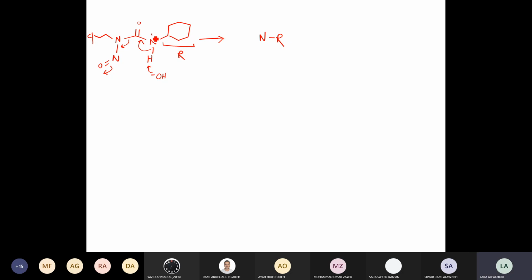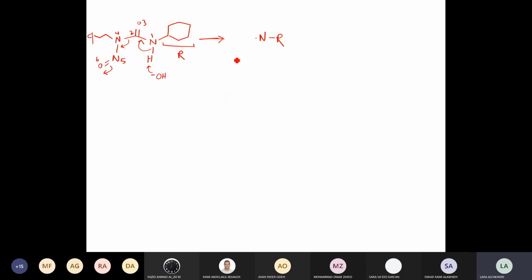Let's name them nitrogen 1, carbon 2, oxygen 3, nitrogen 4, 5 and oxygen 6. Now, what is nitrogen 1 attached to? The cyclohexane, which I refer to as R. On the other end, do I make a bond between it and nitrogen 4, carbon 2, or oxygen 3?